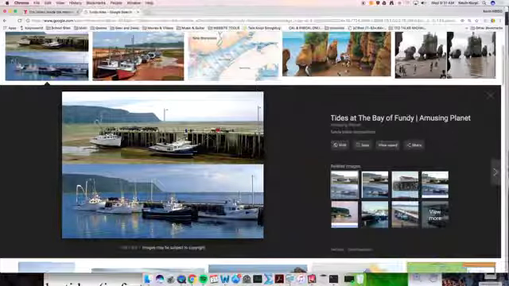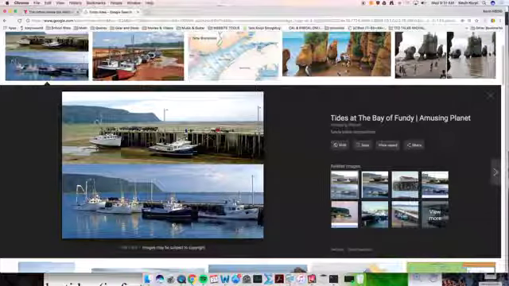The Bay of Fundy is a bay, an inlet with water, but it is renowned for having the highest tide differential in the entire world, okay? Which means high tide and low tide differ so dramatically. So here's a picture on the bottom of high tide.